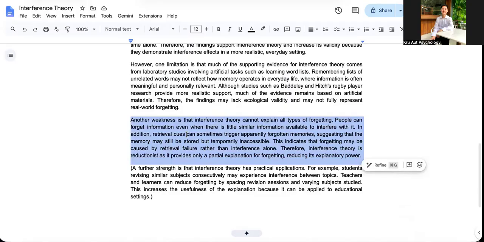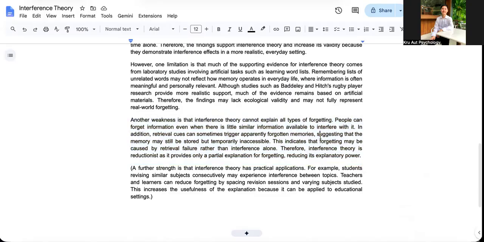It's quite hard to think about how retrieval cues can better explain forgetting than interference. But my point is we need to try and find something to write, right? So we need to really think about how retrieval cues are a better explanation.